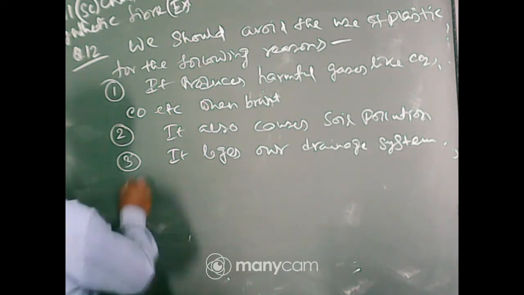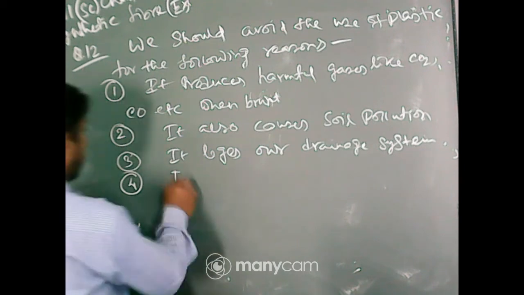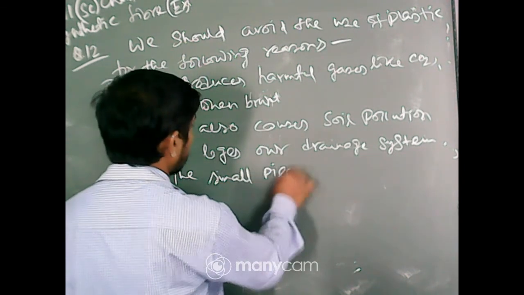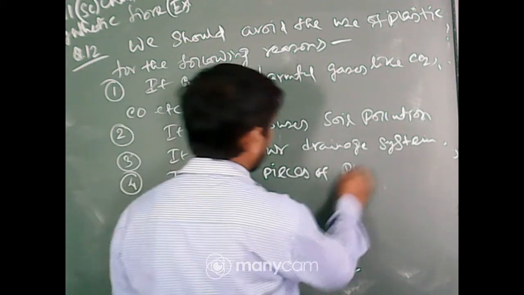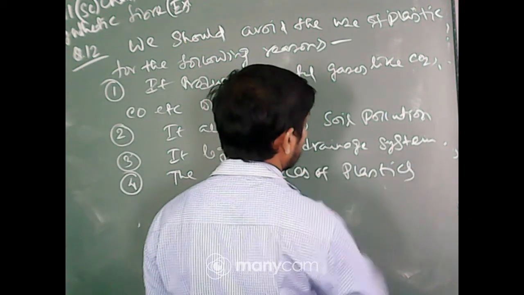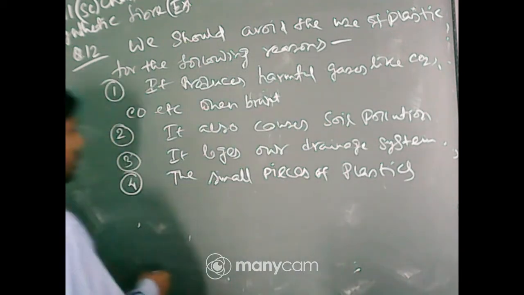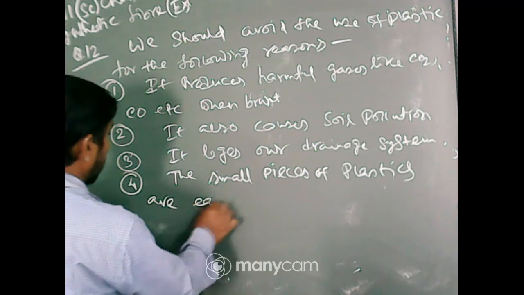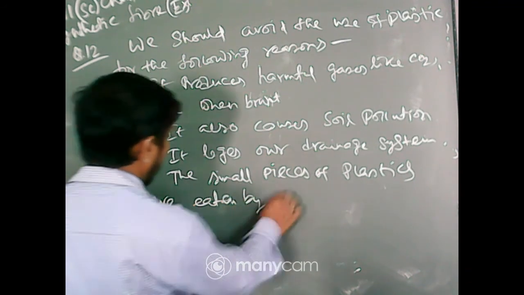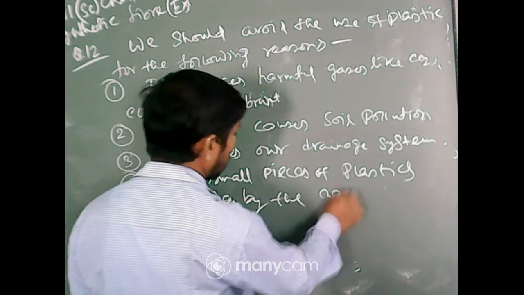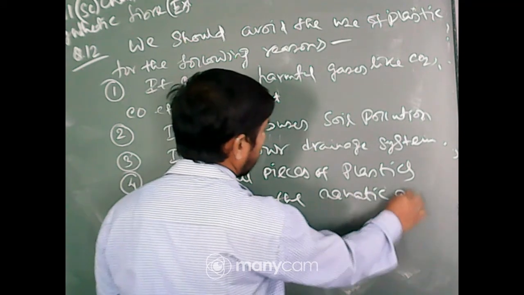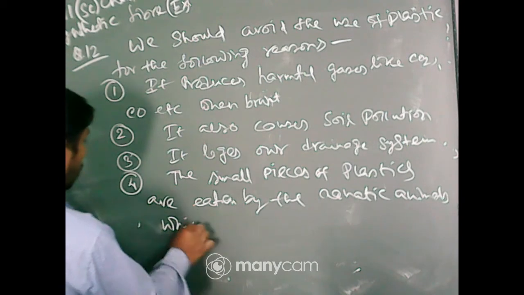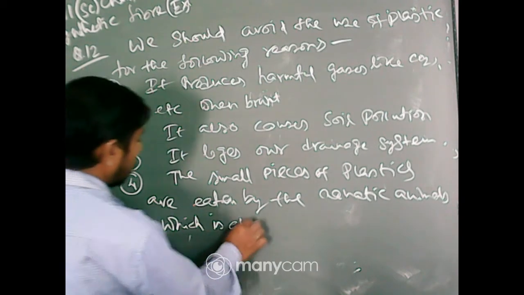You may also write that small pieces of plastics are eaten by aquatic animals, which is also life threatening.